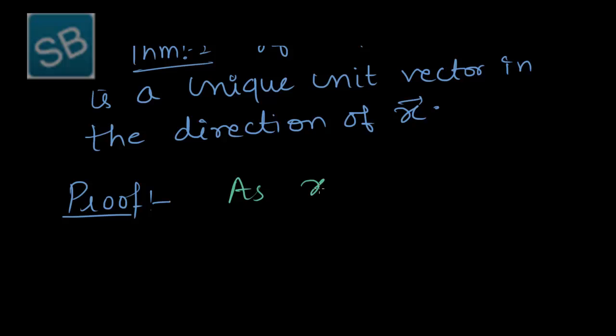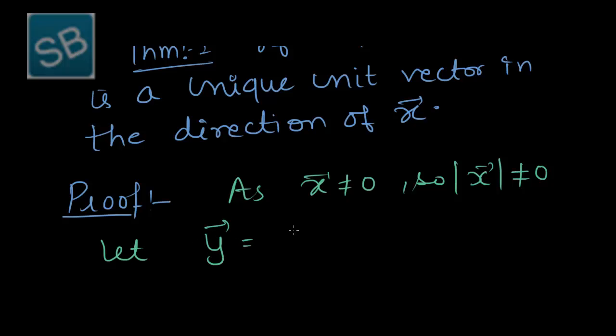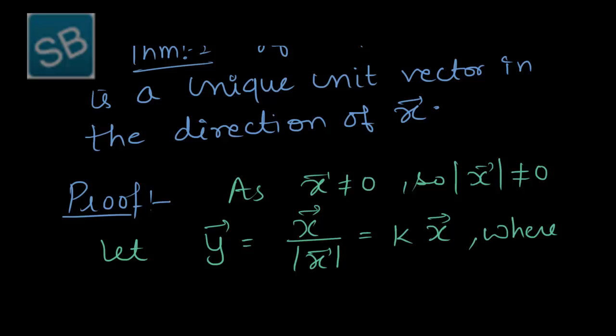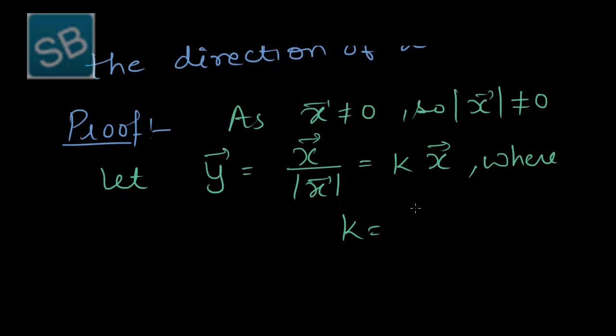as x is a non-zero vector, its magnitude is also non-zero. Therefore, we define y as vector x over its magnitude, which can be written as k times vector x, where k is 1 over modulus x, that is magnitude x, which is always a positive quantity, that is greater than 0.